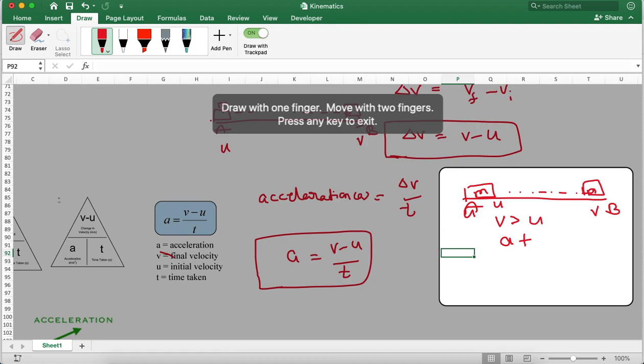In other words, if the acceleration is positive, the velocity increases. And if the initial velocity is greater than the final velocity, which means the velocity is decreasing, then the acceleration is negative. So you need to understand that if the acceleration is negative, the velocity will decrease.